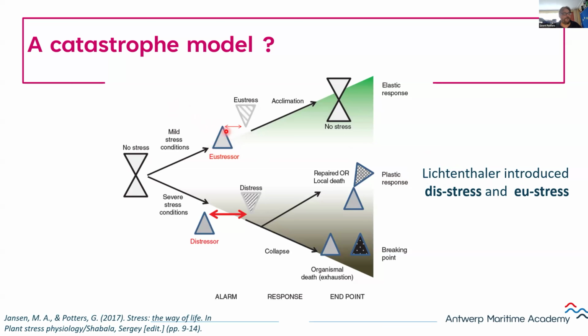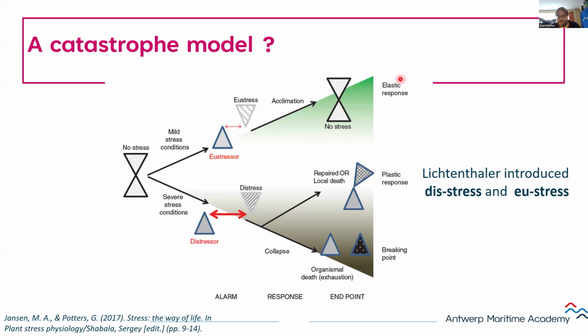Your eustressor is only slightly pushing your outside balance away from your inside balance, and what the plant will do is acclimatize so that it will finally be in harmony again. Eustress is simply light adaptation.